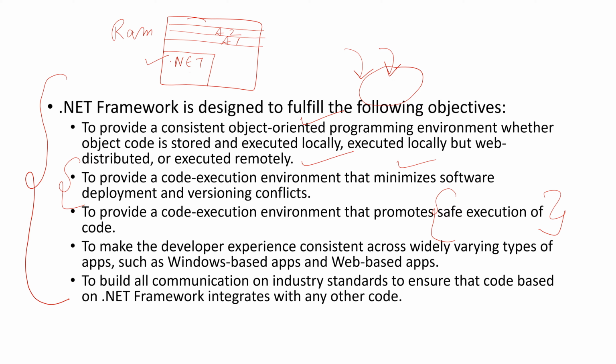We are running our project P1 on this .NET framework. What this .NET framework also does is safeguard your application so that no other application interferes with its execution or changes some of its code. This is not possible.